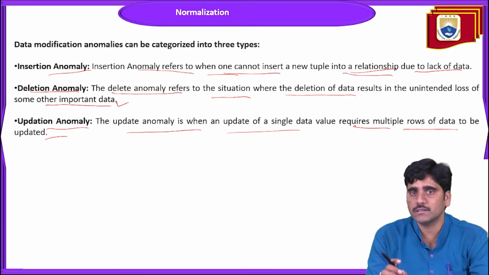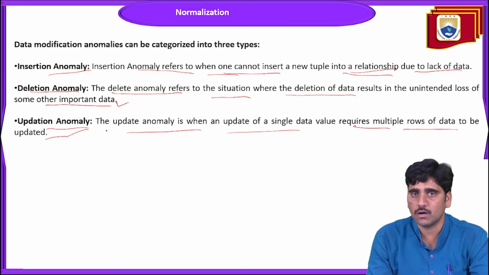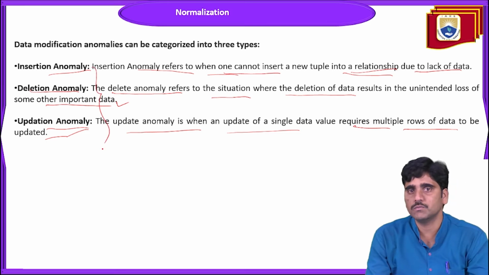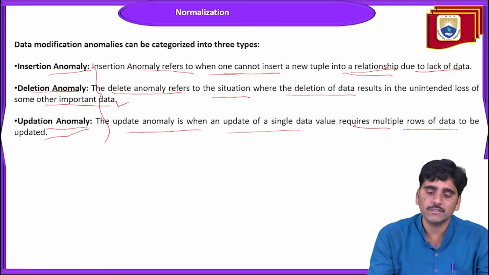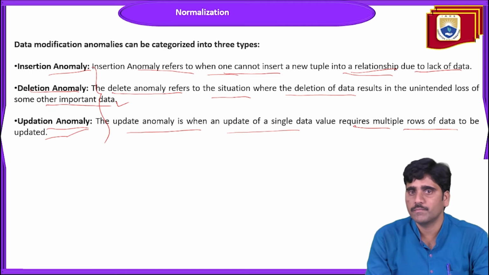By mentioning the conditions, you update only the particular value. That is also an updation anomaly. To minimize all these anomalies, we have the normalization process.